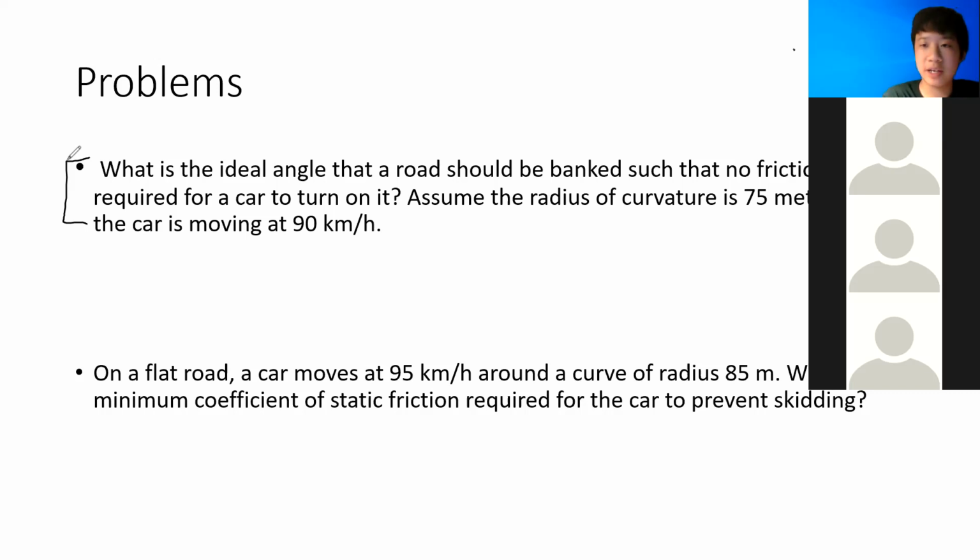So you guys need a recap of that. The angle theta such that no friction is needed is tan inverse of v squared over rg. So basically the centripetal acceleration over gravity.